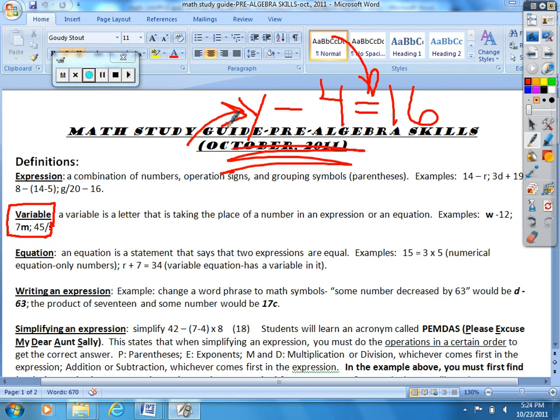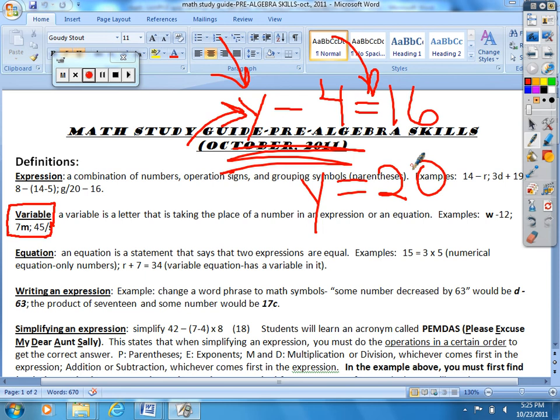Well, how do you do that? When we get down to equations, I'll explain it. But until I know that, that is an unknown. So my variable is taking the place of that number until I find it. Well, this is why they're called variable. When we talk about variable cloudiness, it could be cloudy for a while, it could be sunny, back and forth. Well, y doesn't have to always be, in this case, y is 20. 20 minus 4 is 16.